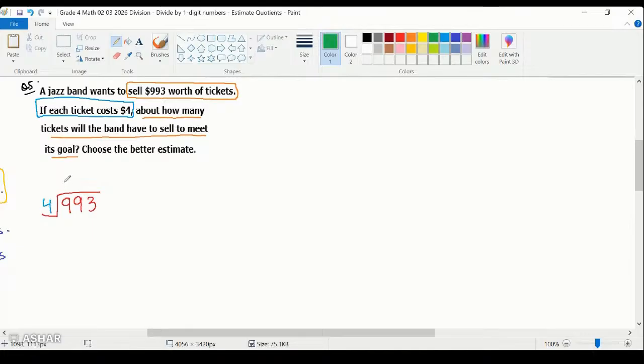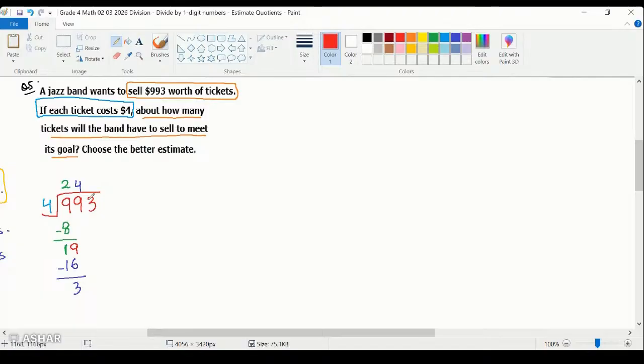4 times 2 is 8. We subtract, we are left with 1. 9 comes down. 4 times 4 is 16. 19 minus 16 is 3.